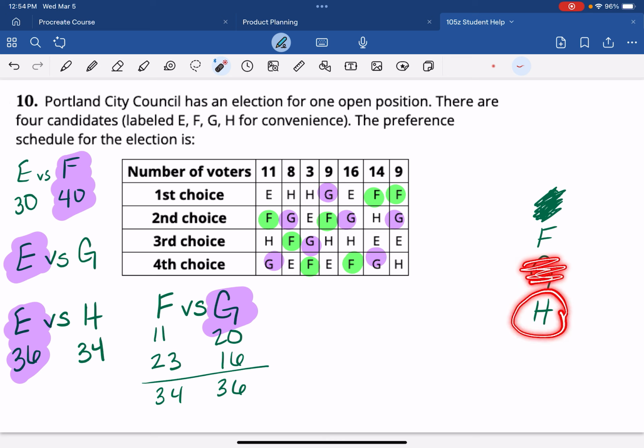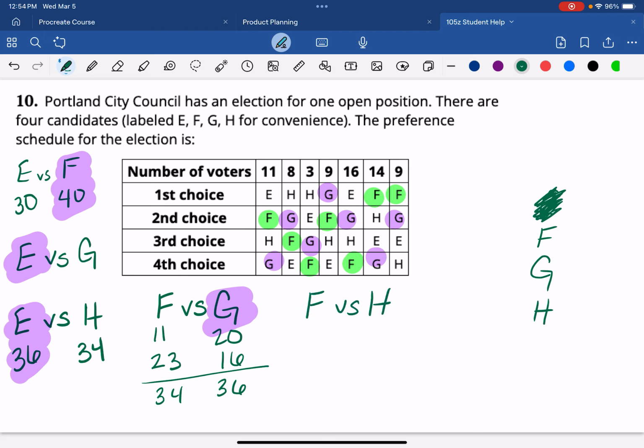G, so now I'm going to compare H, F versus H. Let's erase the G's and instead mark our H's.